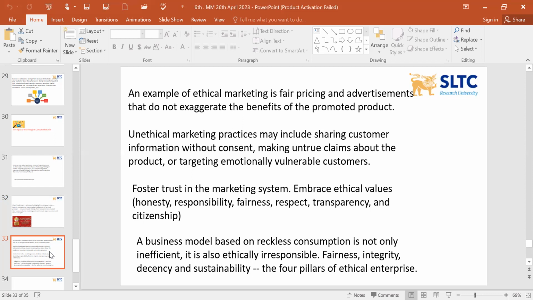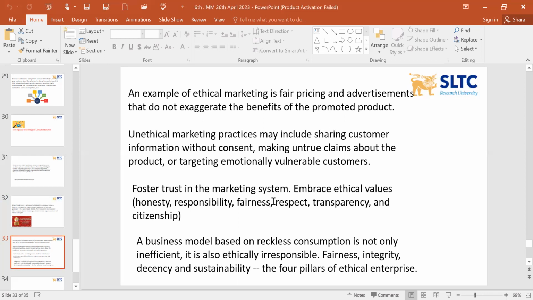It just keeps to that focus, right? Unethical marketing practices may include sharing customer information without consent, making untrue claims about the product, or targeting emotionally vulnerable consumers. There are many issues an organization can face if you arouse the consumer in a different way, right?